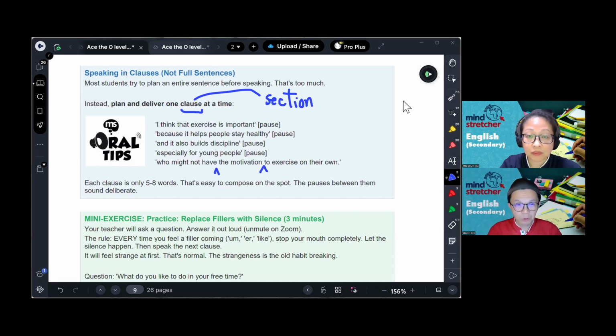What you don't want to do is to say, I think the exercise is important because it helps people stay healthy and it also builds discipline, especially for young people who might not have the motivation to exercise. Don't do that. Don't do that. The students who rush and who say everything in one go, the examiners can't hear what you're saying. You understand?